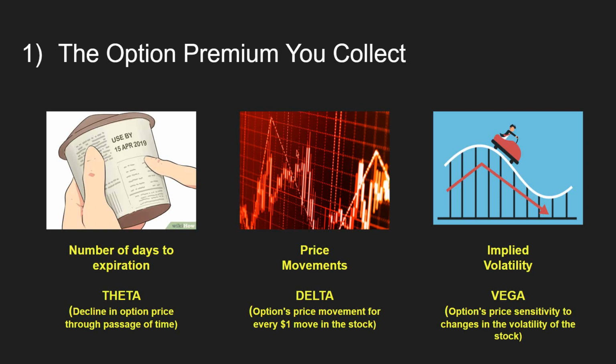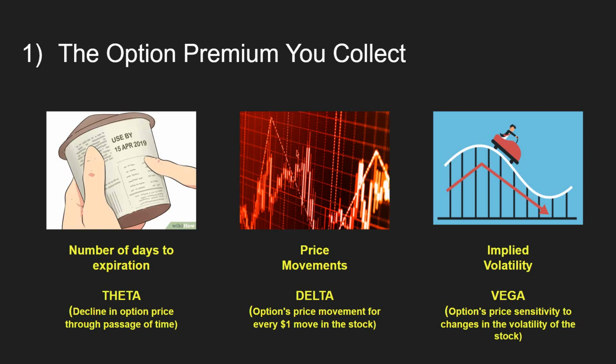For example, with meme stocks like AMC and GameStop, their implied volatility is very high because they are Wall Street Bets driven. They could drop at any time, they could go up at any time, so the implied volatility is quite high. Therefore the options premiums for AMC and GameStop are pretty high.